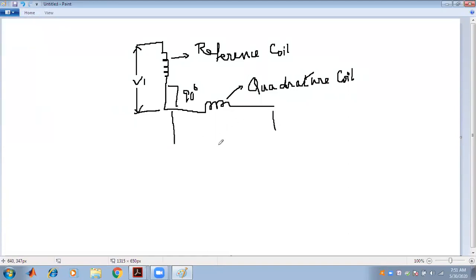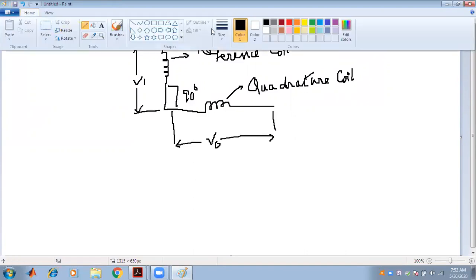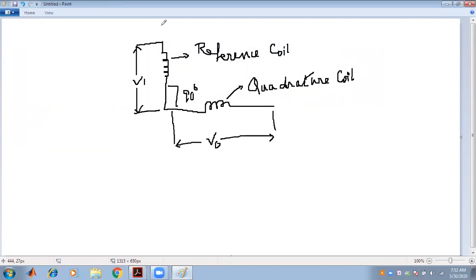We are taking an output V0 from the quadrature coil. One is known as the reference coil, and if I draw the axes of those coils, the first axis is the axis of the reference coil, and the second is the axis of the quadrature coil, and they are 90 degrees apart from each other.